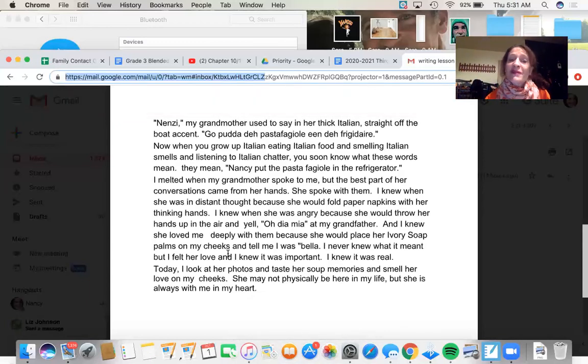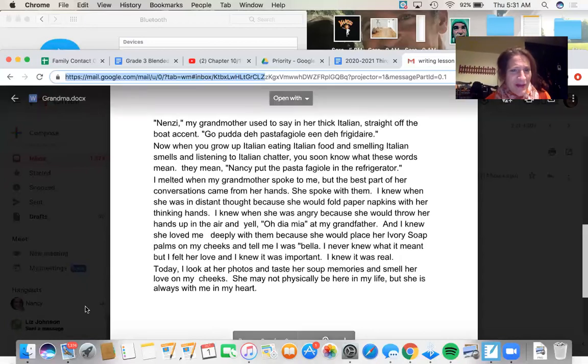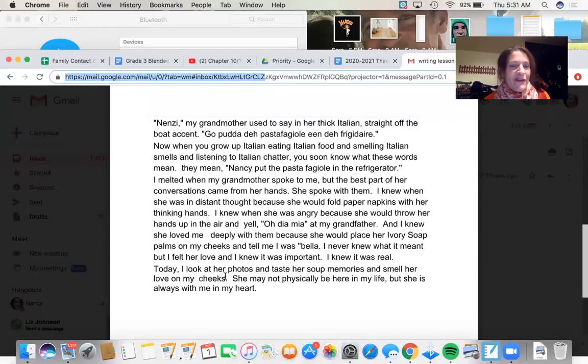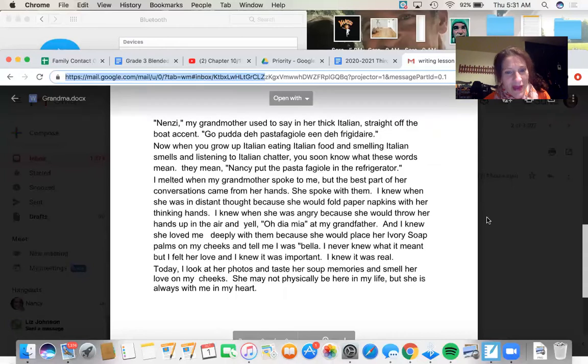And I knew she loved me deeply with them because she would place her ivory soap palms on my cheeks and tell me I was bella. I never knew what it meant, but I felt her love, and I knew it was important. I knew it was real. Today, I look at her photos and taste her soup memories and smell her love on my cheeks. She may not physically be here in my life, but she is always with me in my heart.